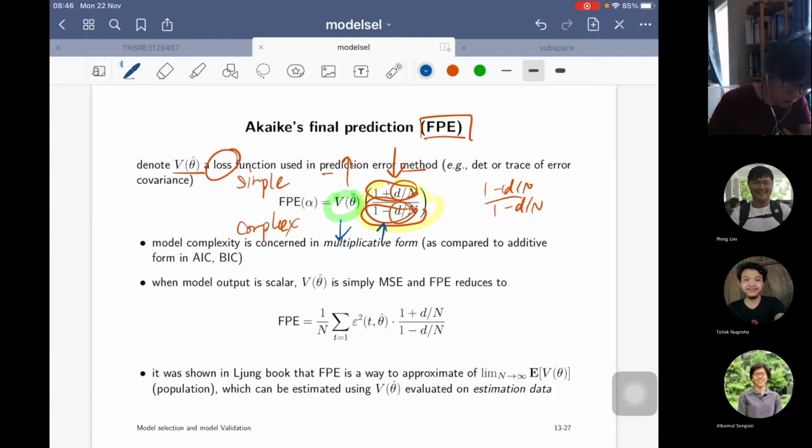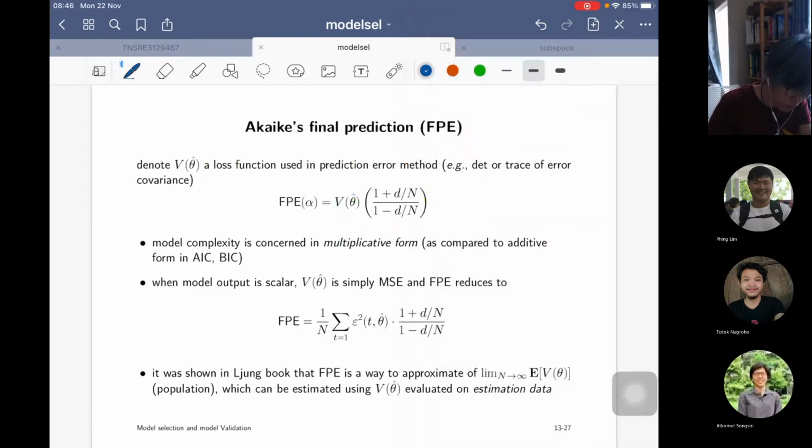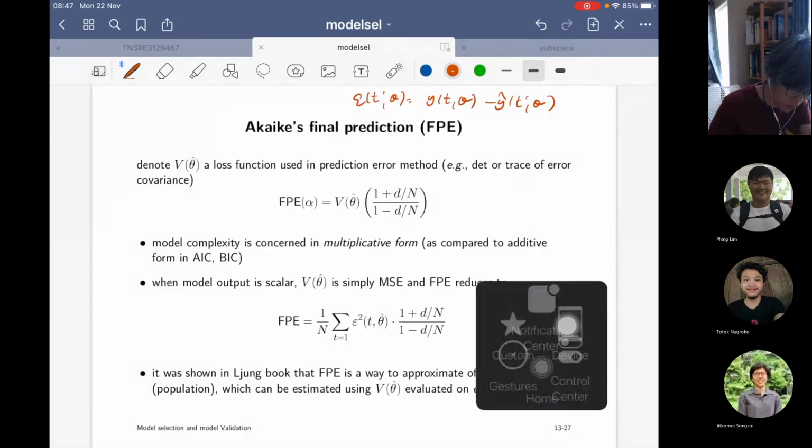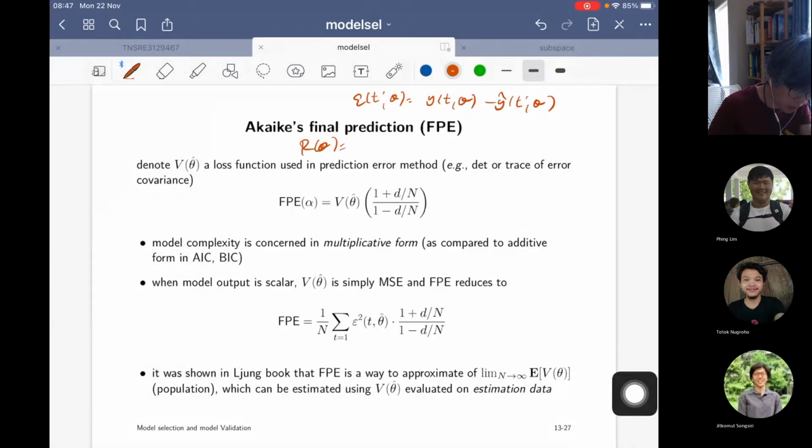Can we recall the loss function we use in PEM? In PEM, remember that we have the prediction error, and this could be a vector. Then we compute the sample covariance of the error, which means we compute the outer product of the prediction error, and this is our matrix.